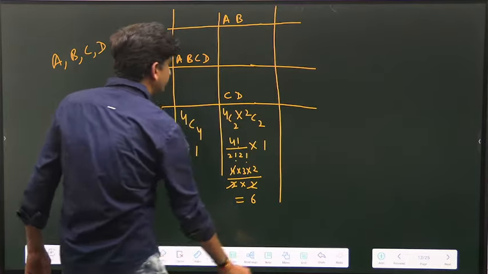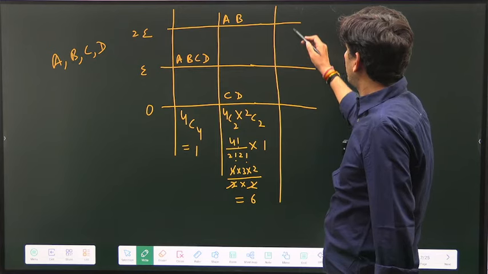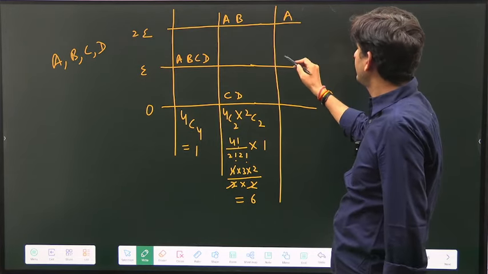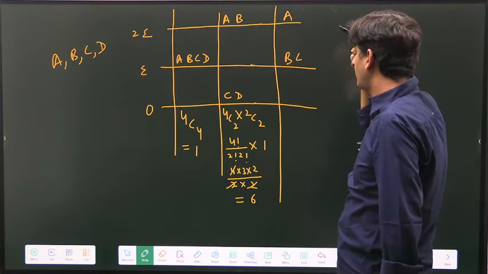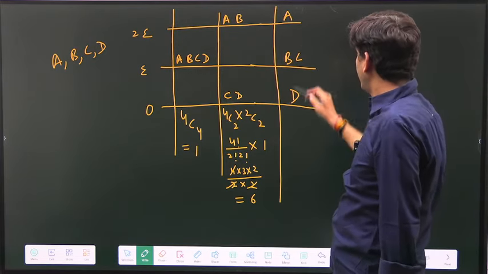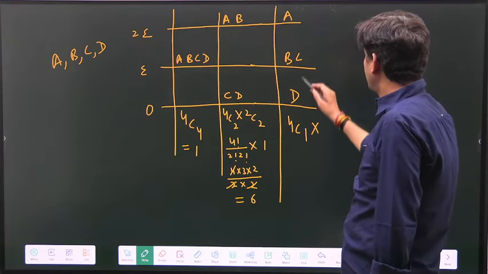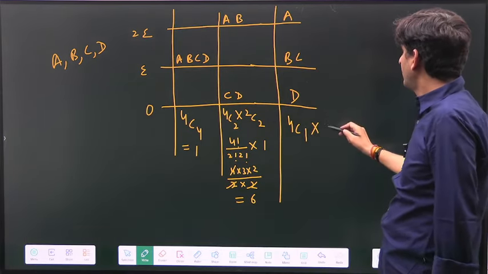And then what we can do? I can put one particle here at 2E energy, two particles here, 2E and 2E, 4E, and one particle here. So I can write this as 4C1 here. Then 1 is gone.